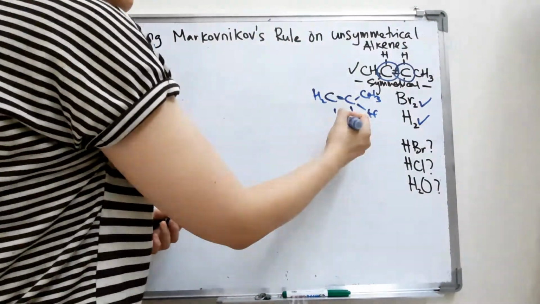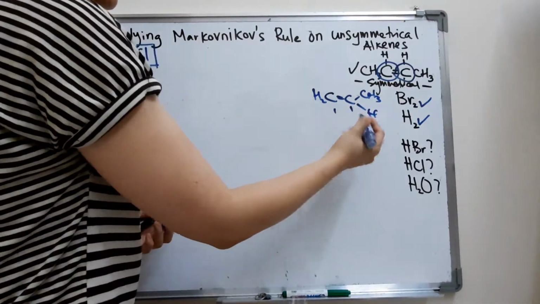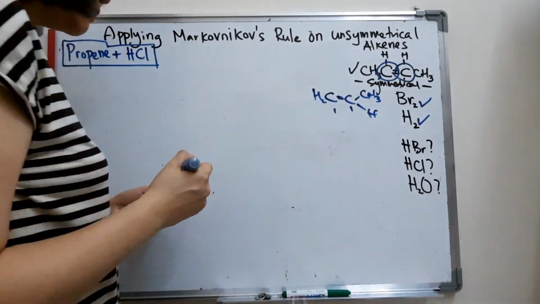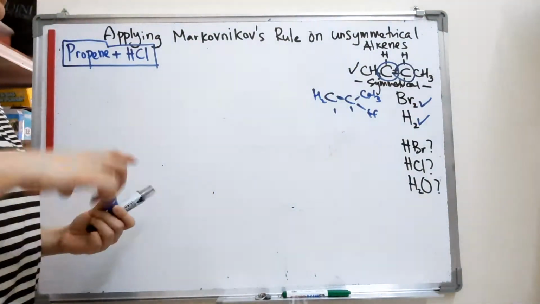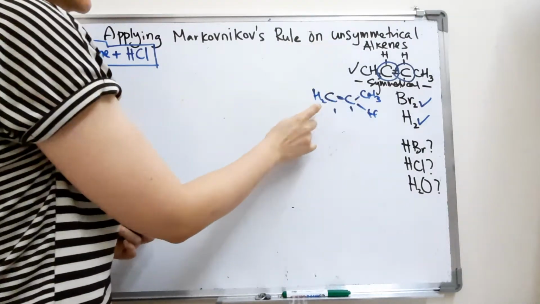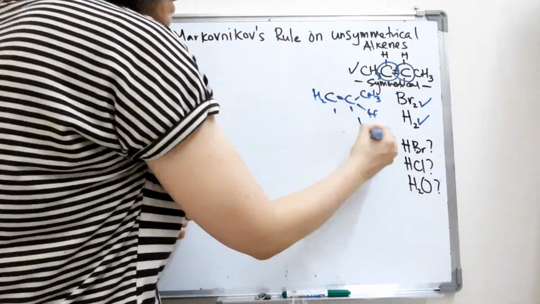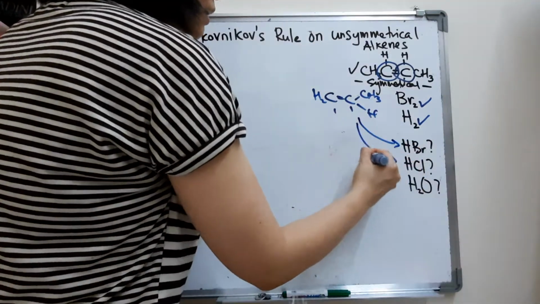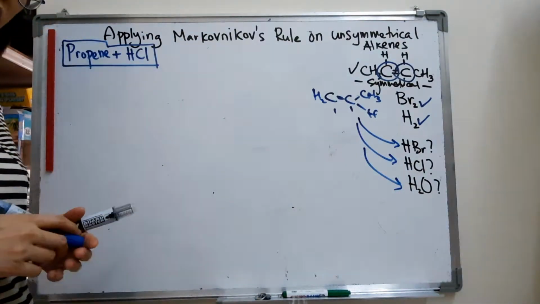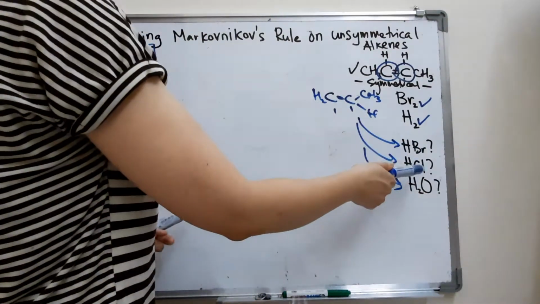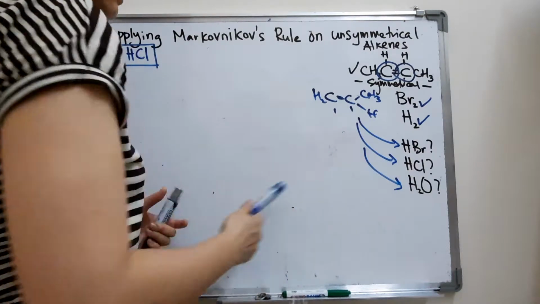Both will have the same substituent added. But I will have a problem if it's an unsymmetrical alkene like propene reacting with a polar type of molecule, like for example HBr, HCl, and water.